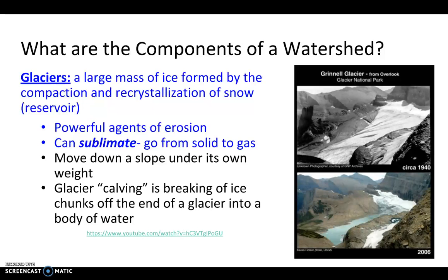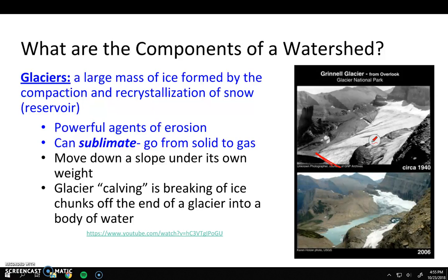If you follow the link that I posted on Google Classroom that you see below, you can see some pretty neat footage of a glacier calving. On the right-hand side here, you have some pretty interesting photos of a glacier in Glacier National Park. I recommend going to Glacier National Park like this weekend if you want to see some glaciers, because the glaciers are very rapidly receding.